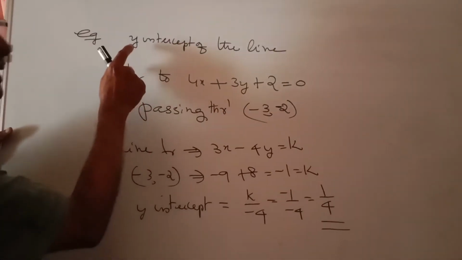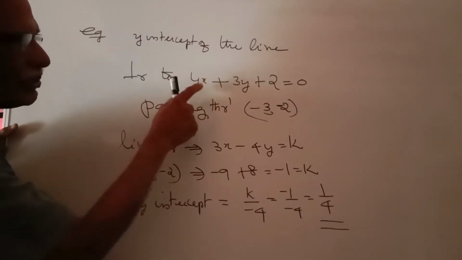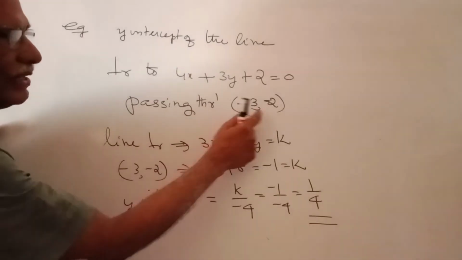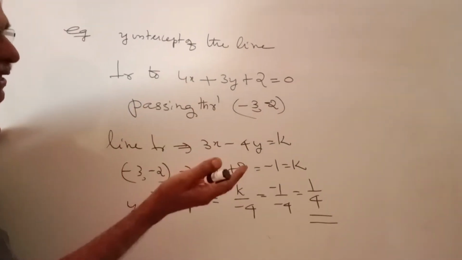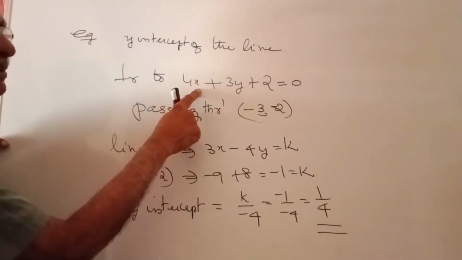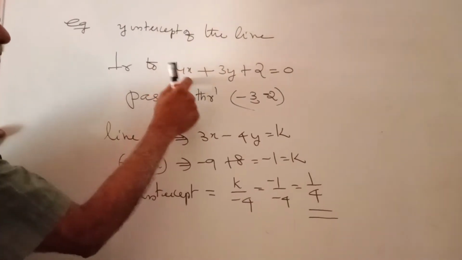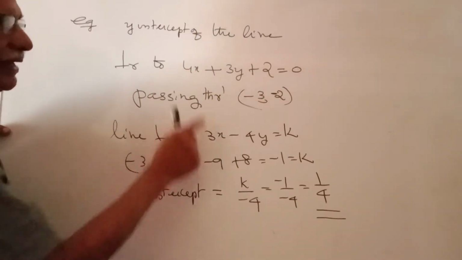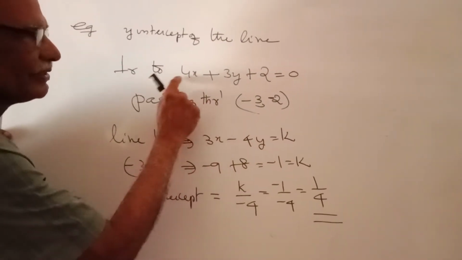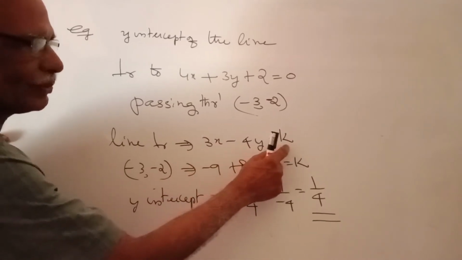We consider an example. Find the y-intercept of the line perpendicular to 4x plus 3y plus 2 equal to 0 passing through minus 3, minus 2. So the new line passes through minus 3, minus 2 and it is perpendicular to 4x plus 3y plus 2 equal to 0. Now line perpendicular means you have to change the coefficients of x and y. So 3x and change the sign, minus 4y. Here we have to change the sign. 3x minus 4y equals k.